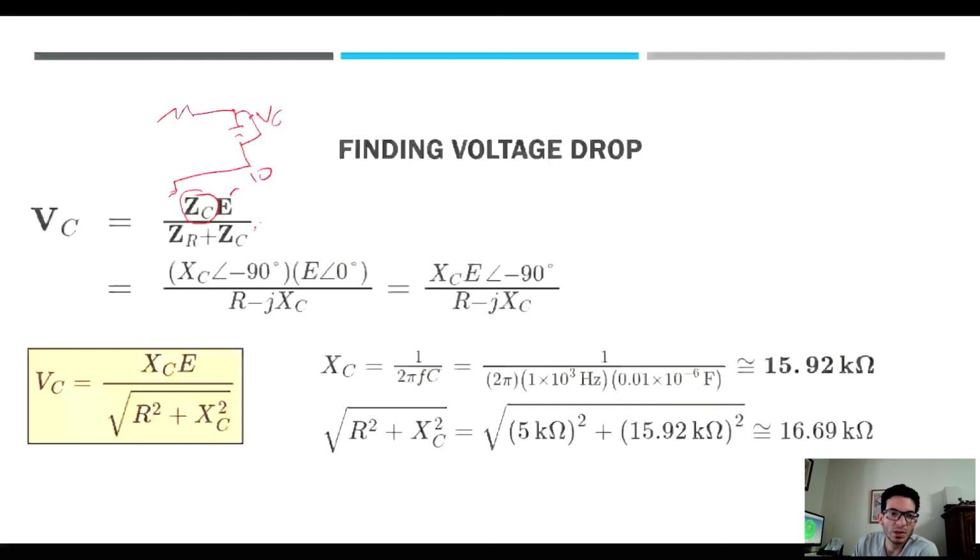We already have the total impedance, and we have the reactance of the capacitor, and the voltage given is 10 volts.